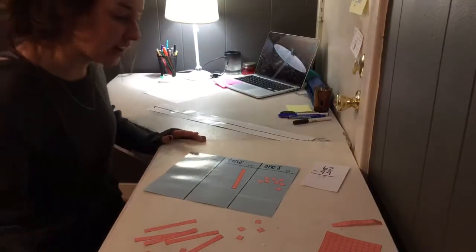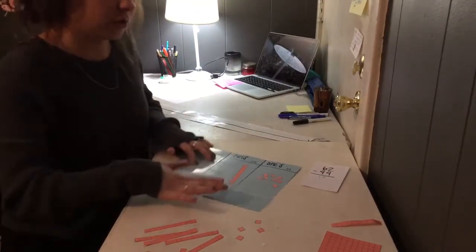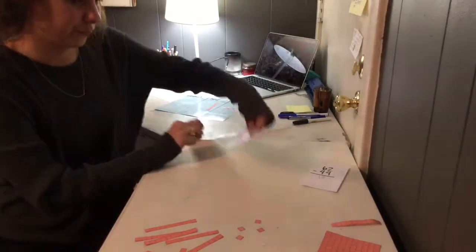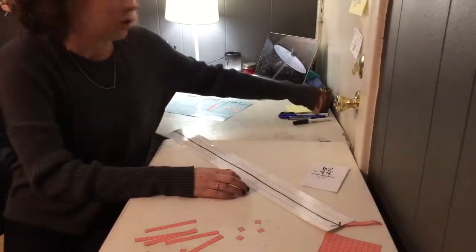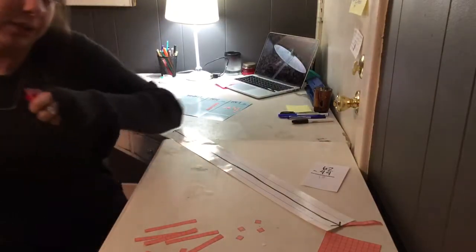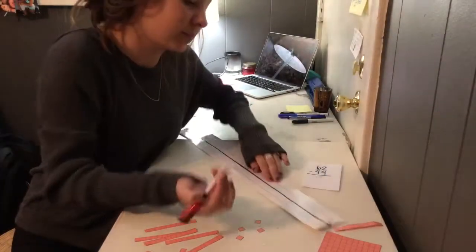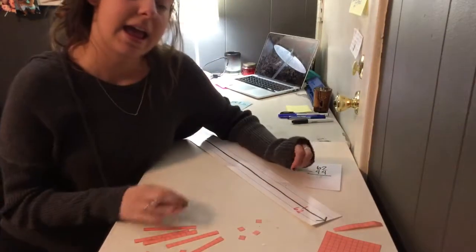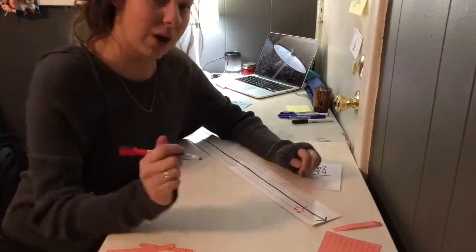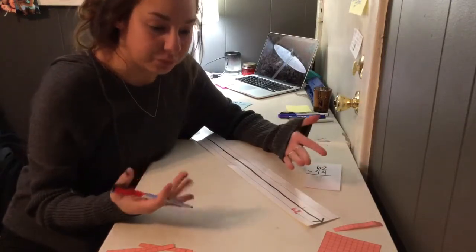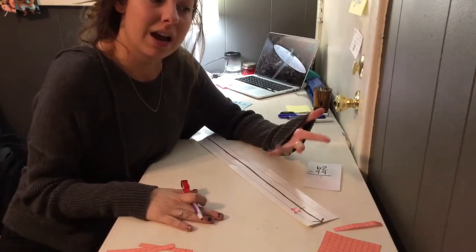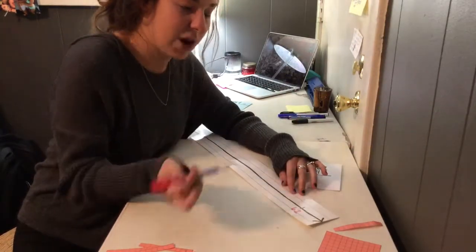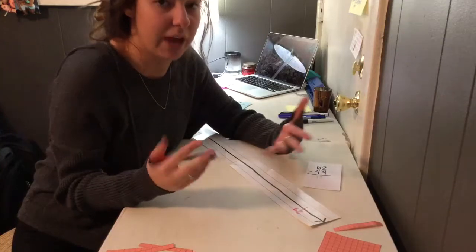So another way to show this would be to use a linear model. So how we do this is we start with our number 62. And then we want to take away 44, but an easier way to start would be to take 2 away, so that we're working with a more familiar number like 60.